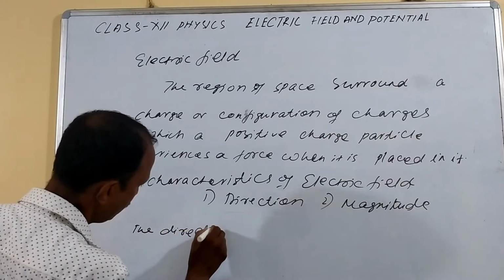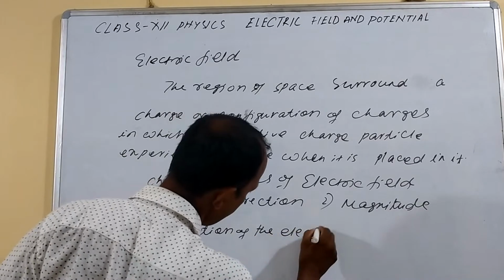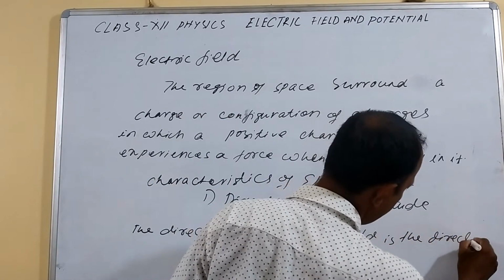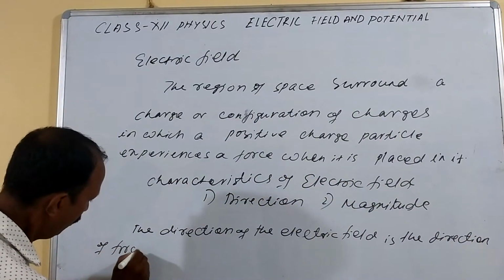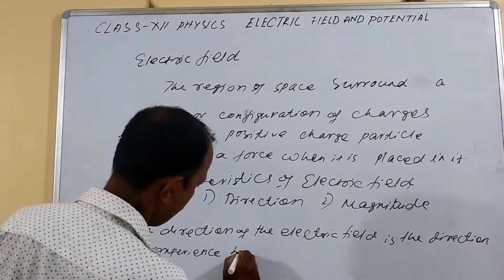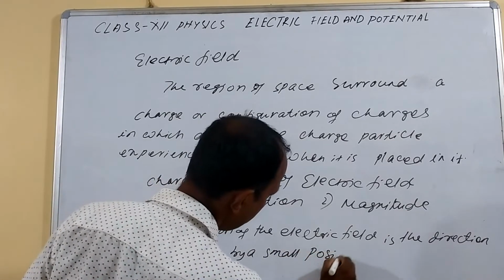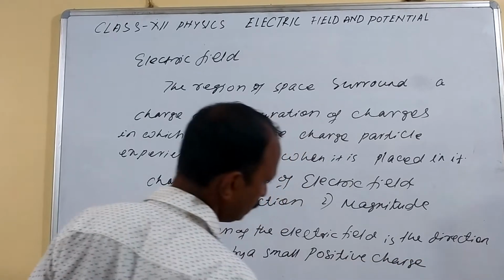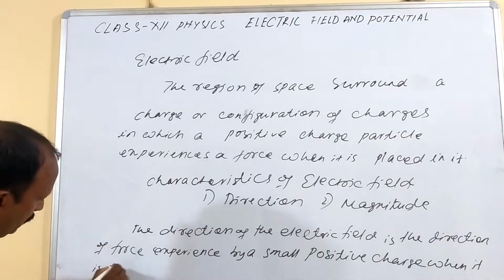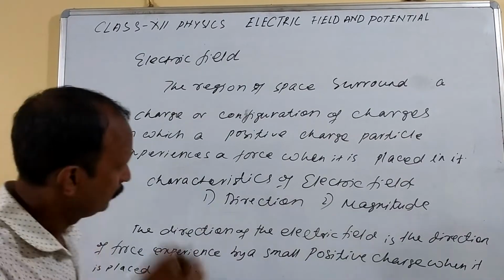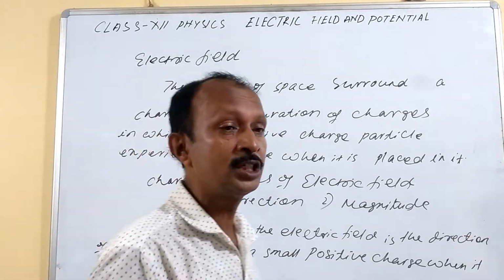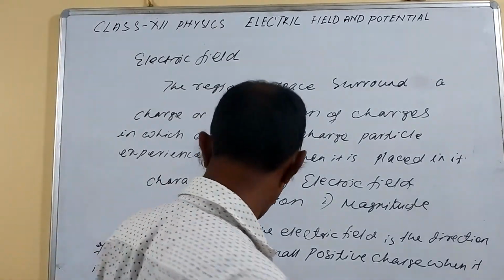The direction of the electric field is the direction of force experienced by a small positive charge, which we call the test charge, when it is placed in it.